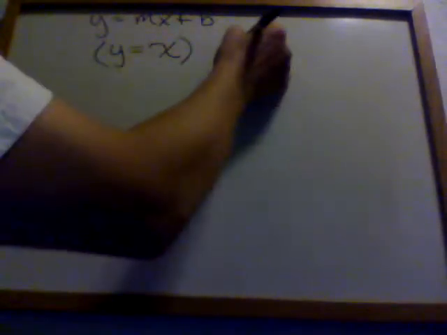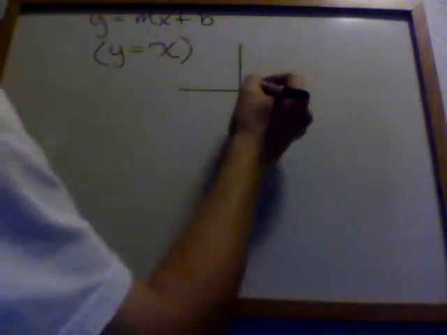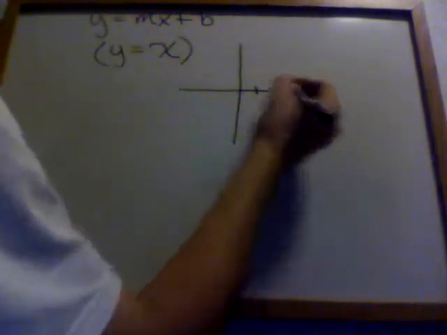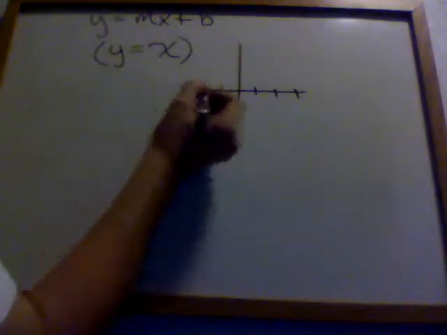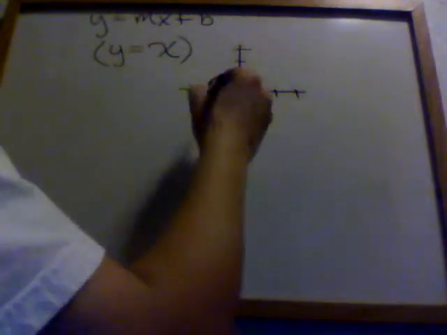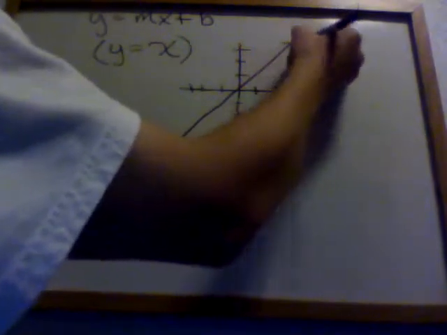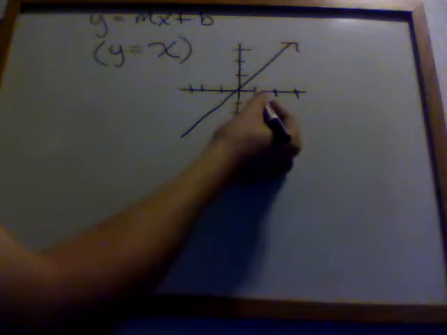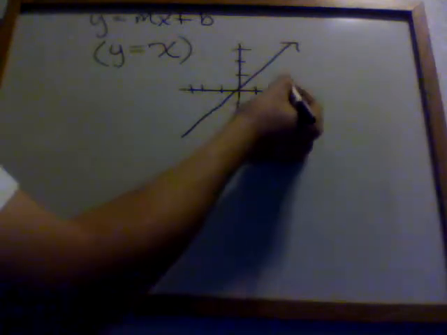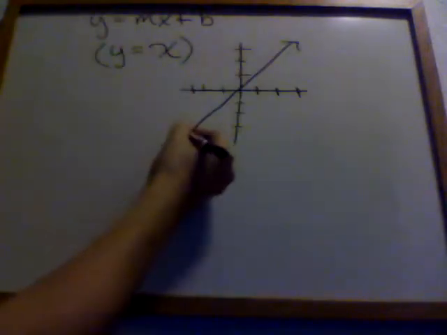So let's draw our coordinates, our Cartesian plane, mark off some units. Doesn't really matter in this case, you'll see. And that's y equals x. When x is 1, y is 1. When x is 2, y is 2. When x is 3, that's 3, so on and so forth.